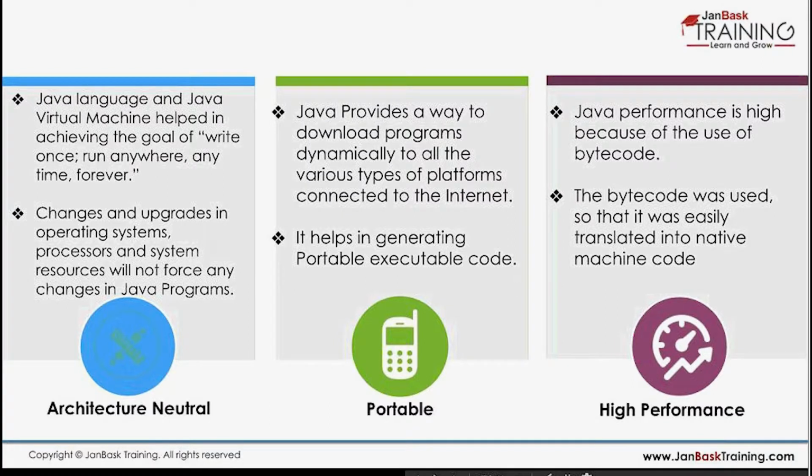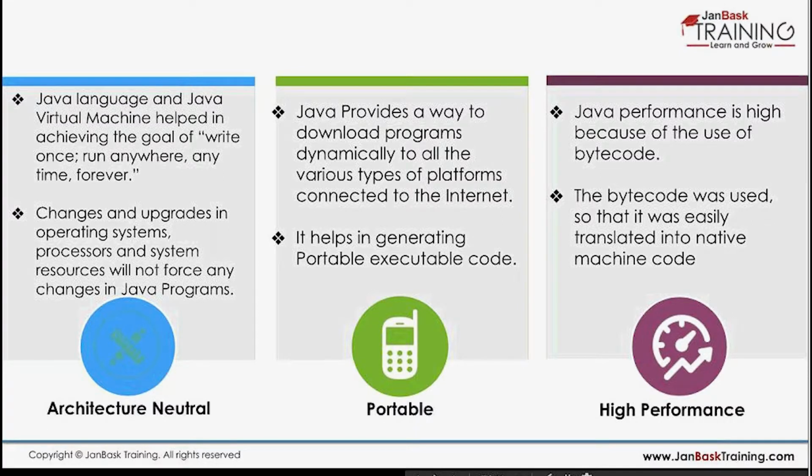It's portable. Portable is an extension of being architecture neutral, which means that when you have the ability to take a piece of software and port it to another computer system, which is different in terms of architecture, the execution model, and the instruction sets, it should still run.